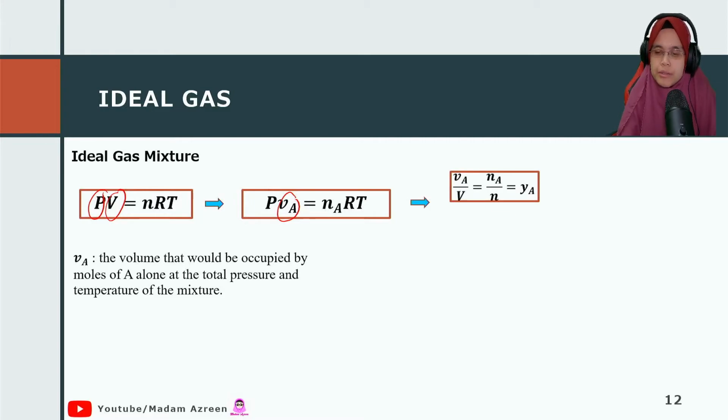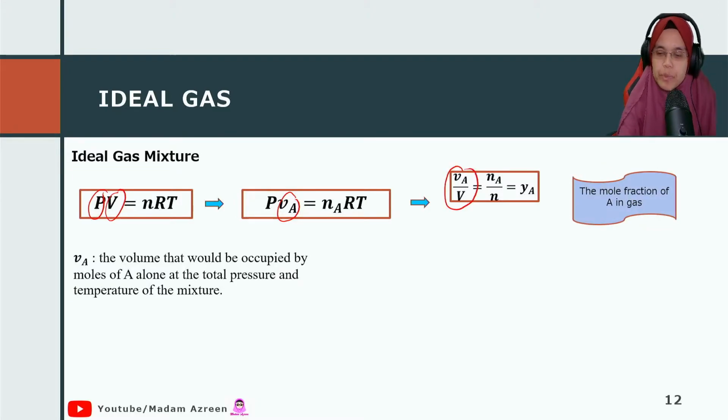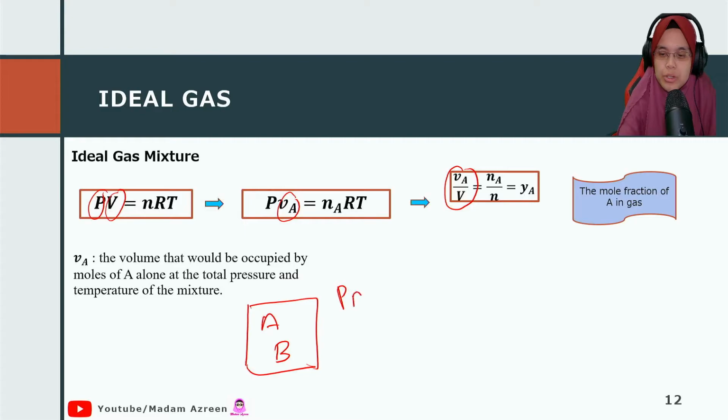And from here also we can determine the mole fraction of A. When you have a volumetric flow of A, let's say in this container you have A and B, you can choose to use the partial pressure of A plus partial pressure of B equal to total, or you can choose to use the volumetric of A plus volumetric of B equal to total volume.